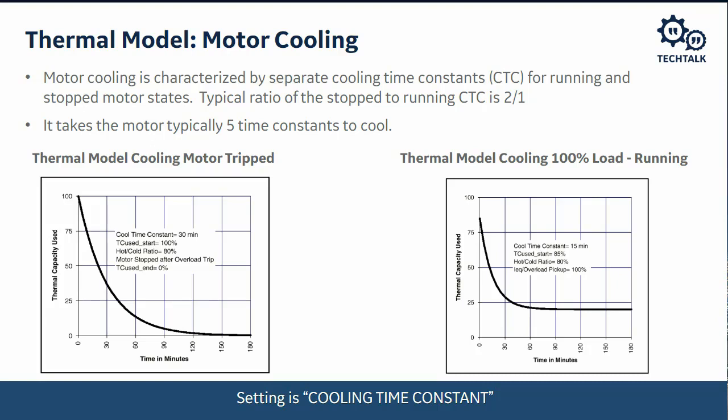We could take 1/5 of that, and that would give us our cooling time constant stopped. We could take half of that, and that could give us our cooling time constant running. And we can get those two values.